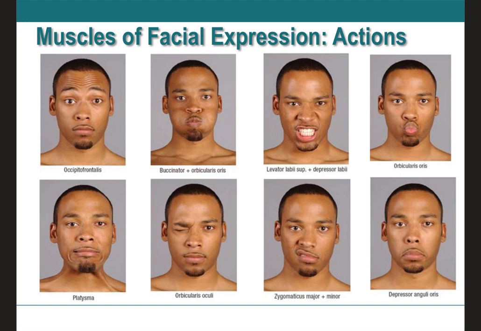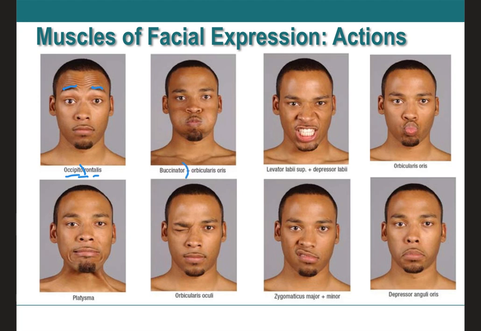I love these images because it shows you exactly the function of each of the muscles when you have a facial expression. So like the name says, the occipitofrontalis will originate on the occipital bone and insert on the skin in the frontal part, and therefore you can see how it will elevate your eyebrows or frown your forehead.